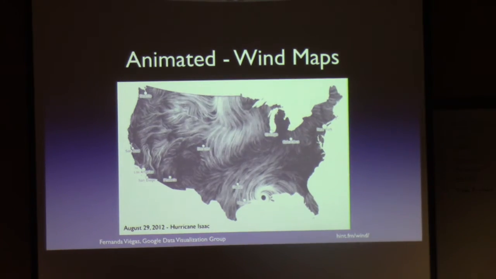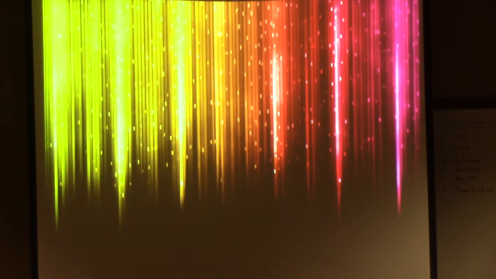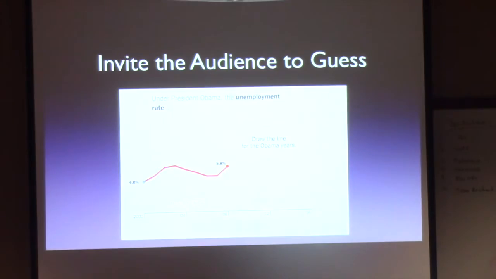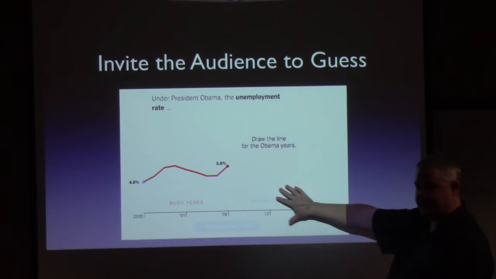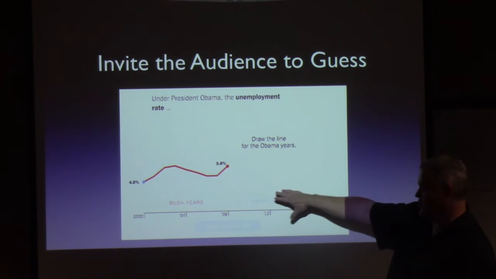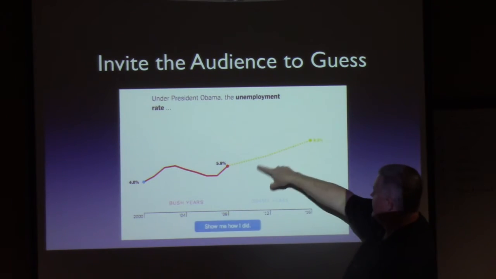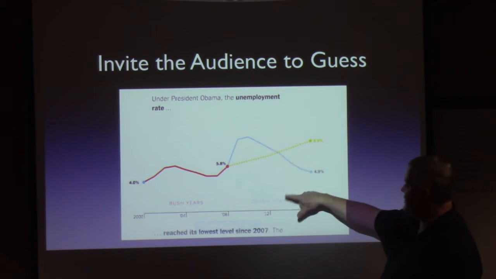So for example, that New York Times one, what happened in the Obama years? Right, so this is the interactive site on the New York Times. It shows you what happened in the Bush years, and then you click and draw yours, and then they show you what the real one is.